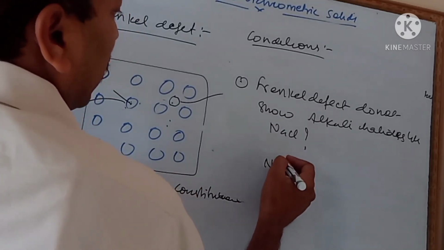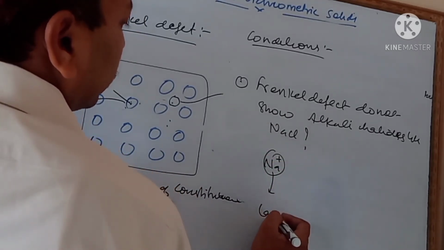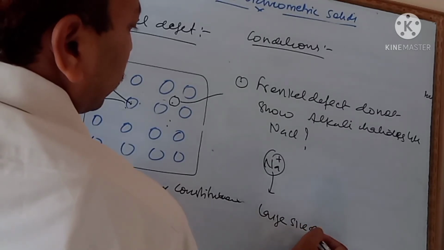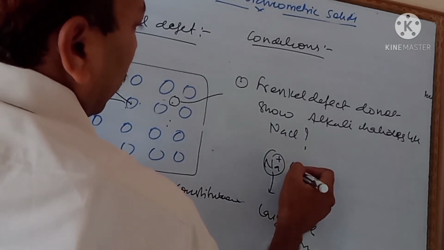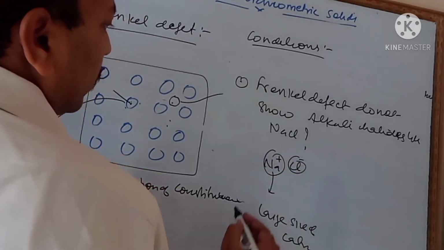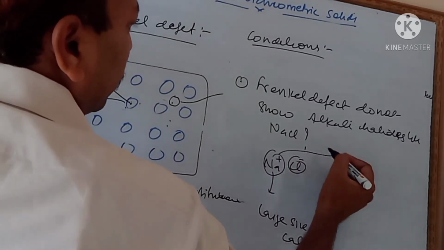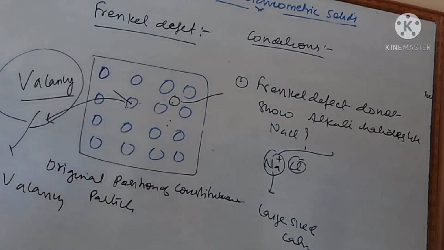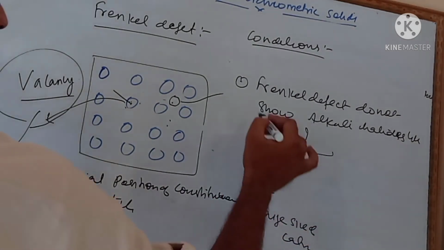Because of the large size of the cation. It is large in size, so it cannot fit into the interstitial site. Okay, so this is the reason.